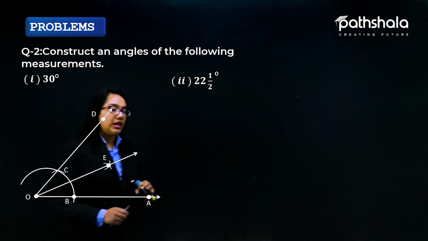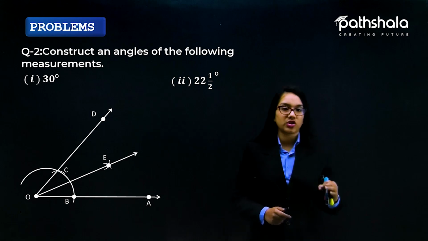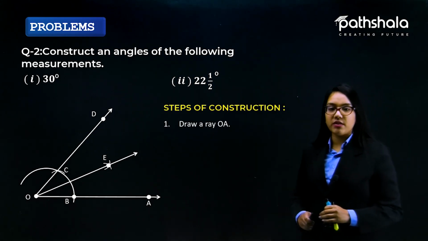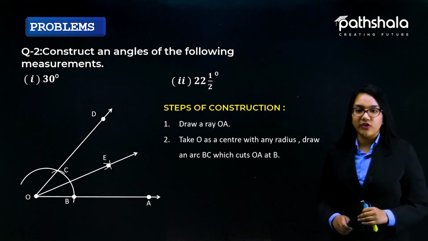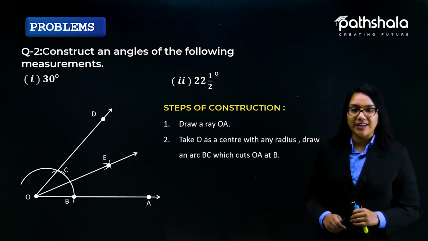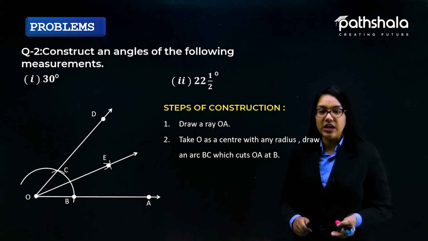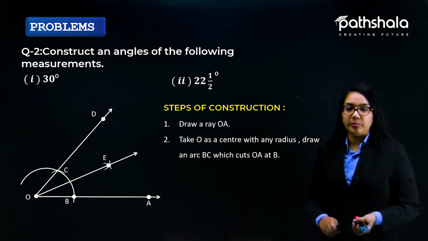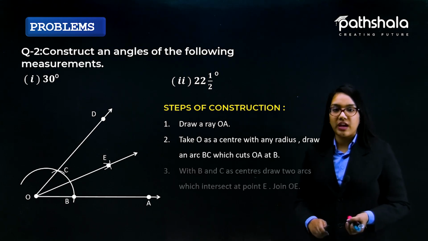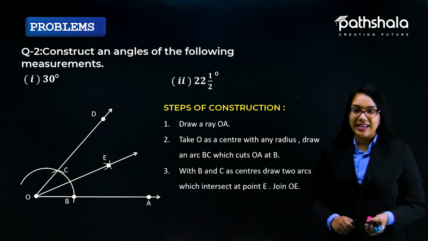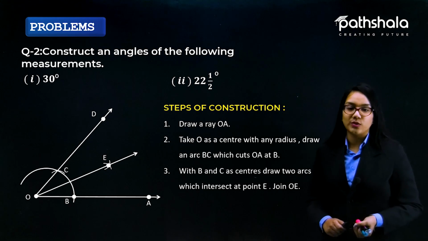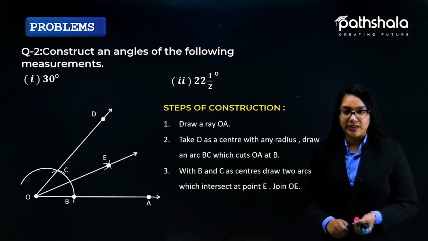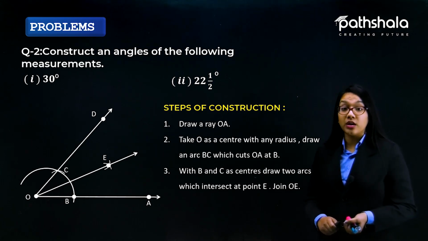So let's see what the steps of construction are for the very first part. The steps of construction say: first draw a ray OA and further take O as a center with any radius. Draw an arc BC which cuts OA at a point B, and with B and C as the centers, draw two arcs which intersect at the point E. Further, join OE.